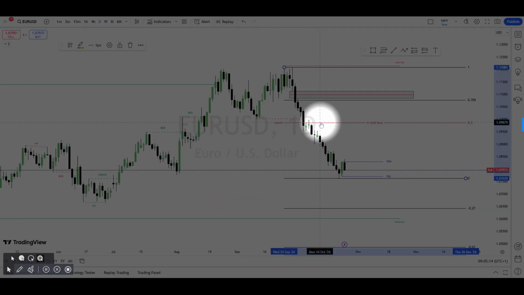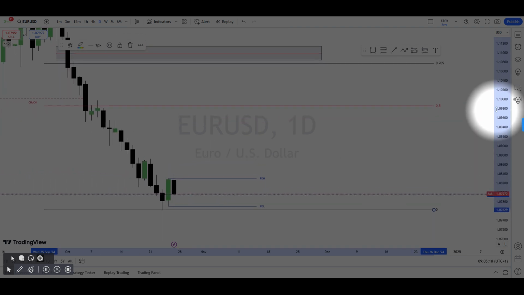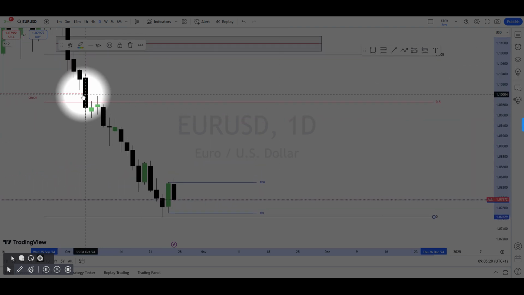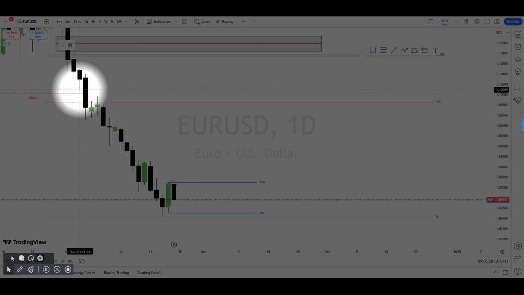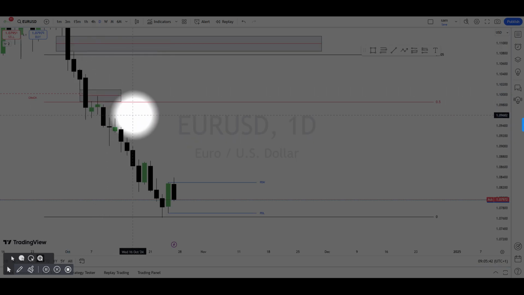If you really look at this trend here, you notice that there is a fair value gap from here to here, and you notice that the fair value gap has been respected. So I would not want to use this.